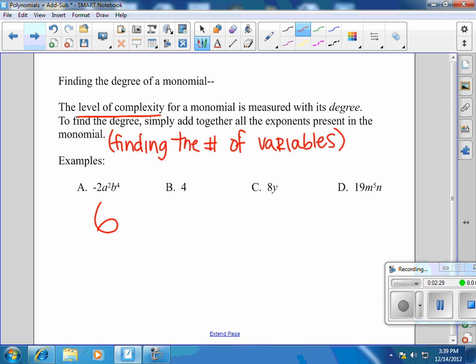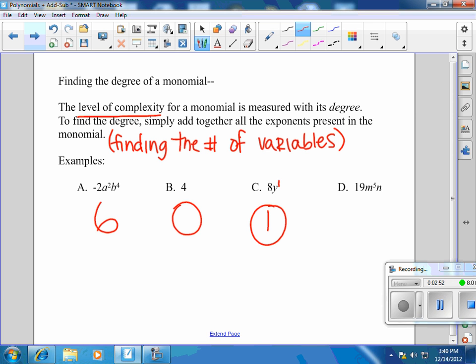The next one, just plain old 4. There are no exponents on there, no variables, so we just say it has a degree of 0. For C, 8y, the 8 part, no degree on there, but the y, we have one of them, so this has a degree of 1.